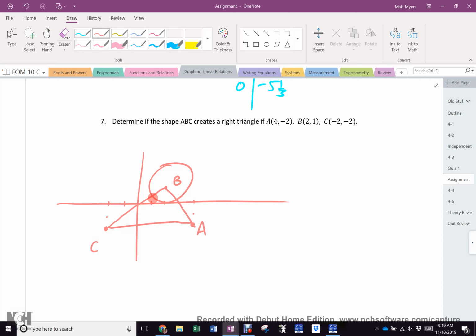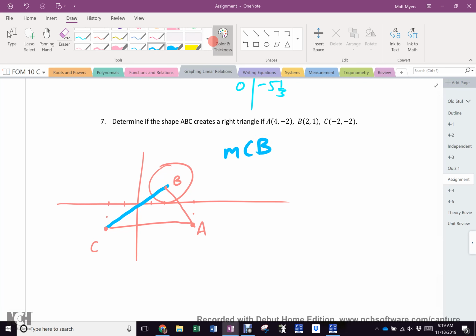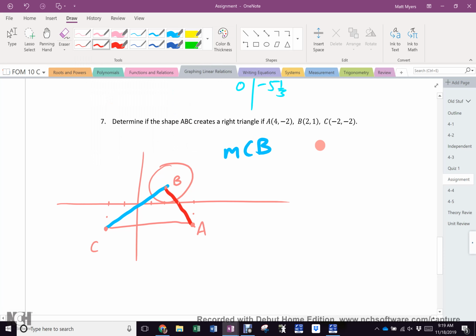And then it would be nice and exact. So if this is the one we're going to check, we have to check this slope, right? Which is the slope of CB. And we have to check this slope, which is the slope of AB.